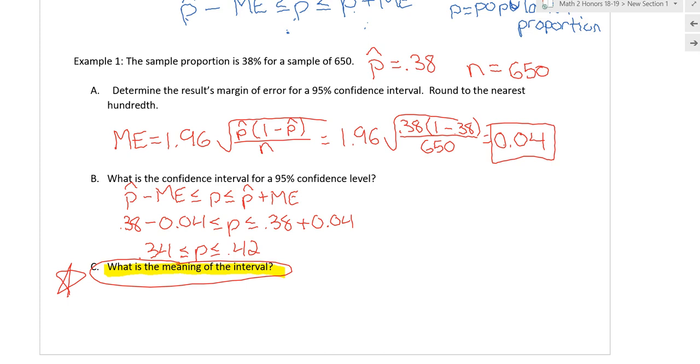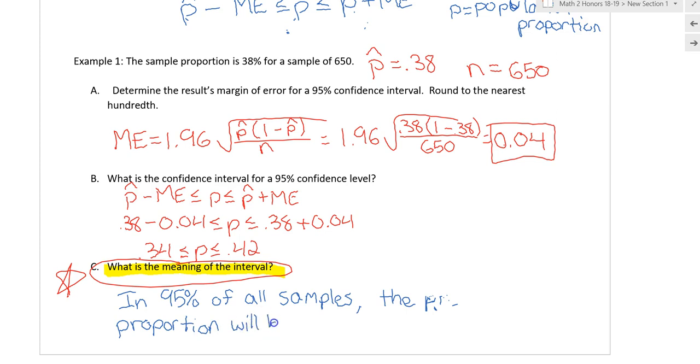Okay? But the confidence interval means that in 95% of all samples, meaning if I randomly sampled my population 100 times, 95 of those, the proportion will be between, right?